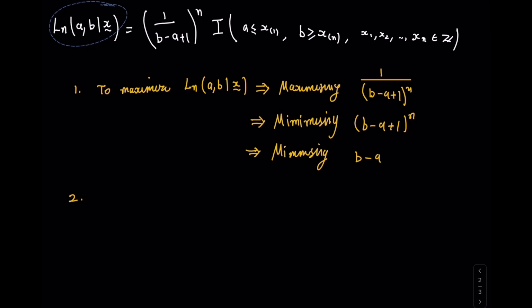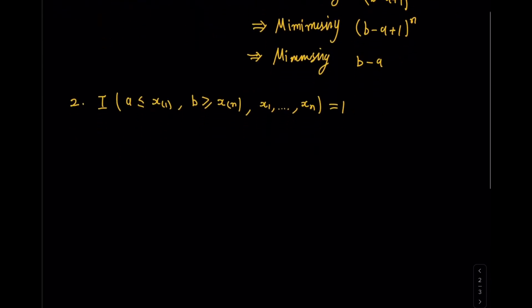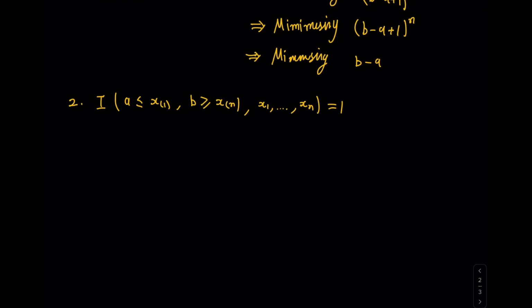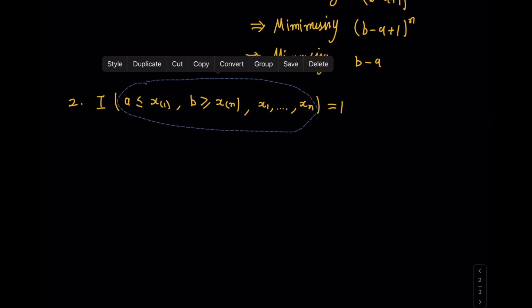So really, the second condition to maximize the likelihood is we need to make sure that x1 through to xn are all in the range, or equivalently, this is just the same as writing the statement inside.